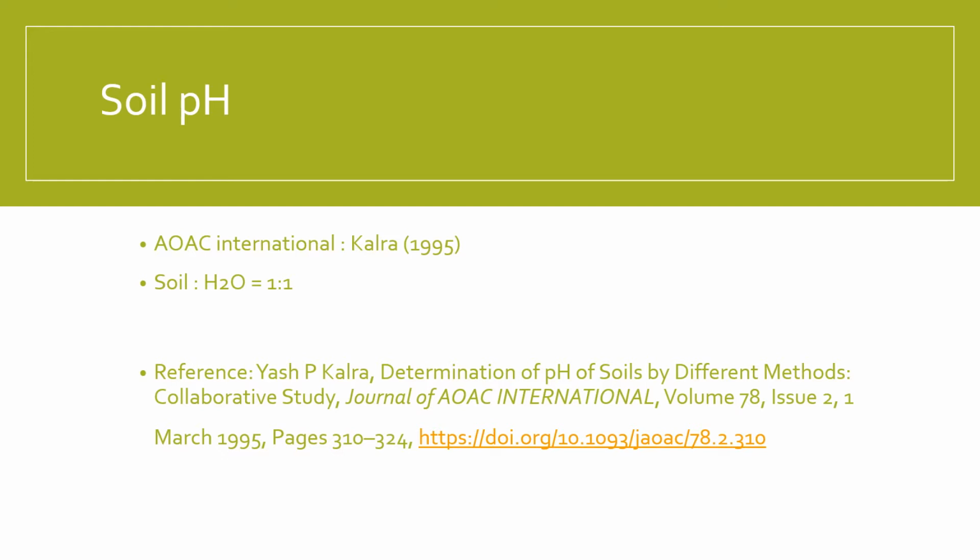The voltage obtained from an electrode will be calculated and shown as a pH unit. We will determine pH with a 1:1 ratio of soil to water. You can download the full method from the link that I give here.